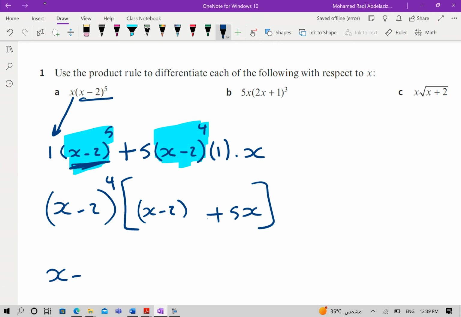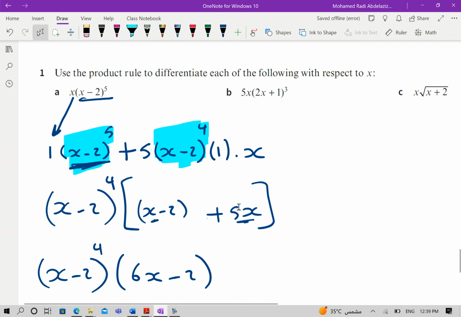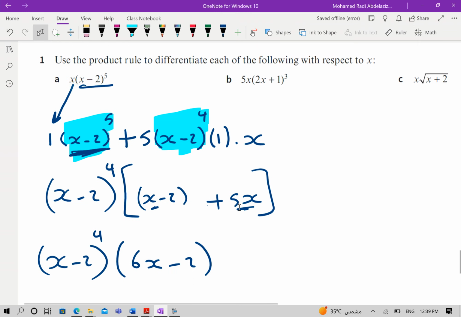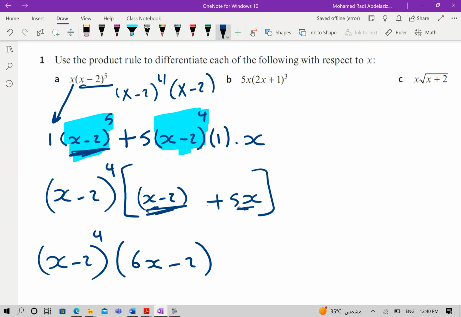Simplify more: x minus 2 all to the power of 4 multiplied by x minus 2 plus 5x, which is 6x minus 2. This is the final answer, simplified. x minus 2 all to the power 5, you can write it as x minus 2 all to the power 4 and x minus 2, right? If you take x minus 2 all to the power 4 outside, one bracket is left, power 1.